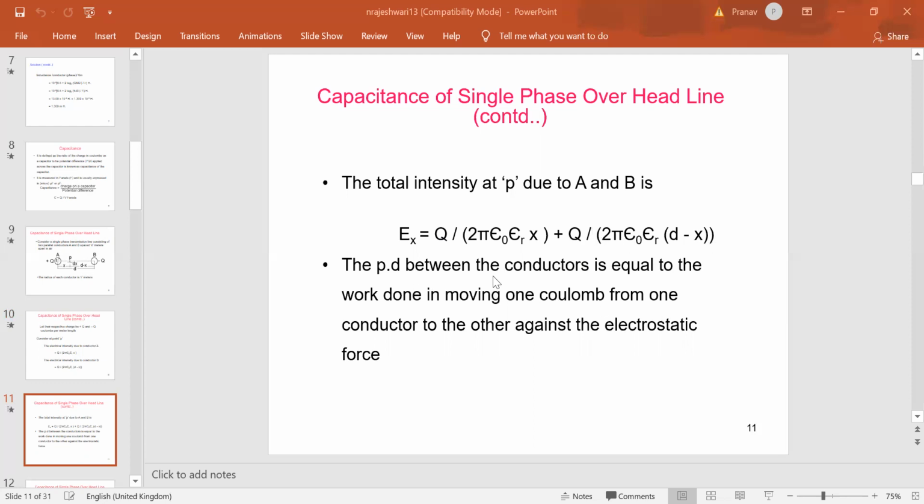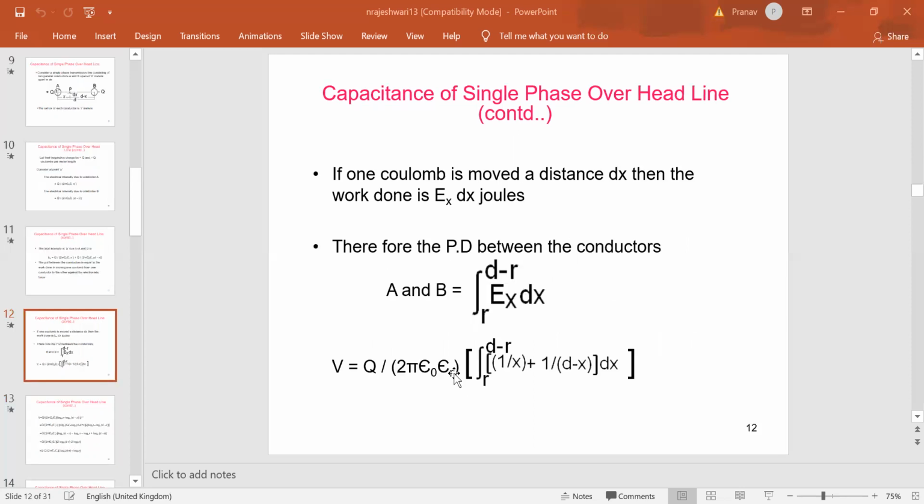The potential difference between the conductors is equal to the work done in moving 1 coulomb from one conductor to the other against the electrostatic force. So that is the potential difference between the two conductors.